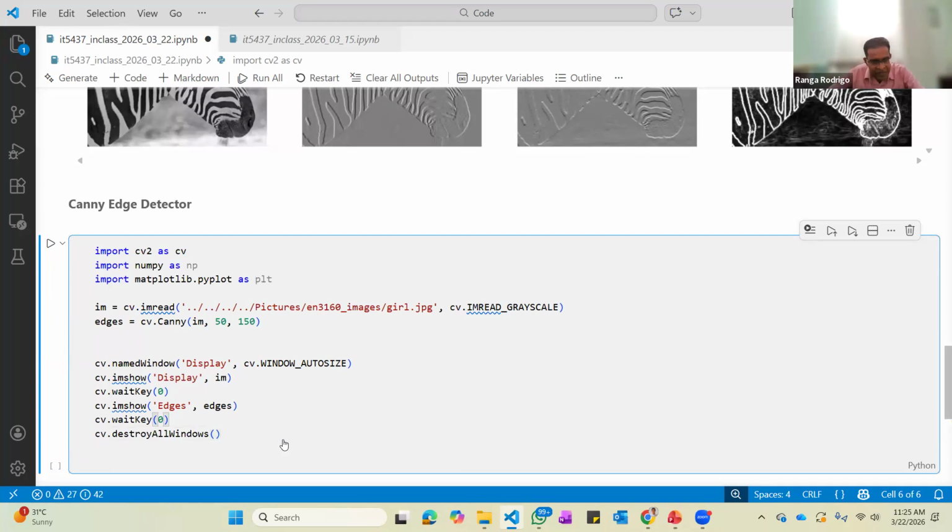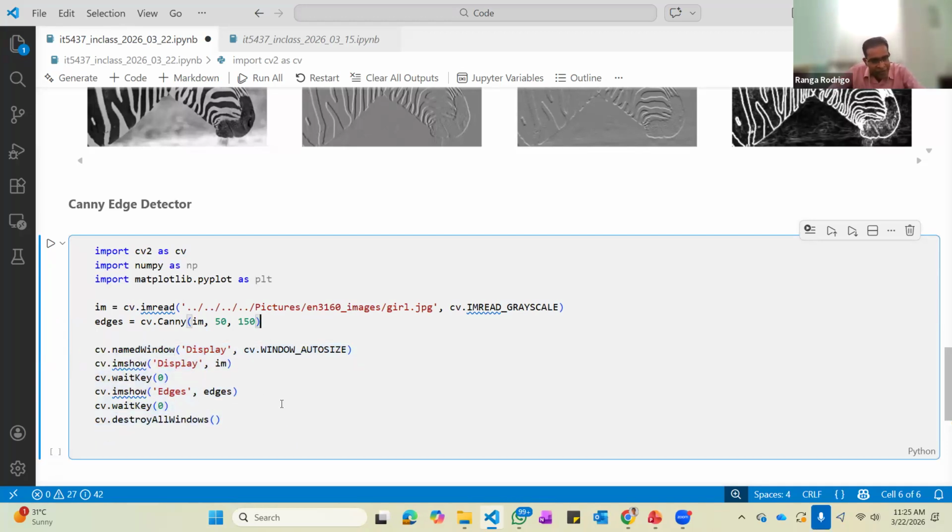One thing is, when you're using these OpenCV windows, your kernel can crash if you try to do some funny things.